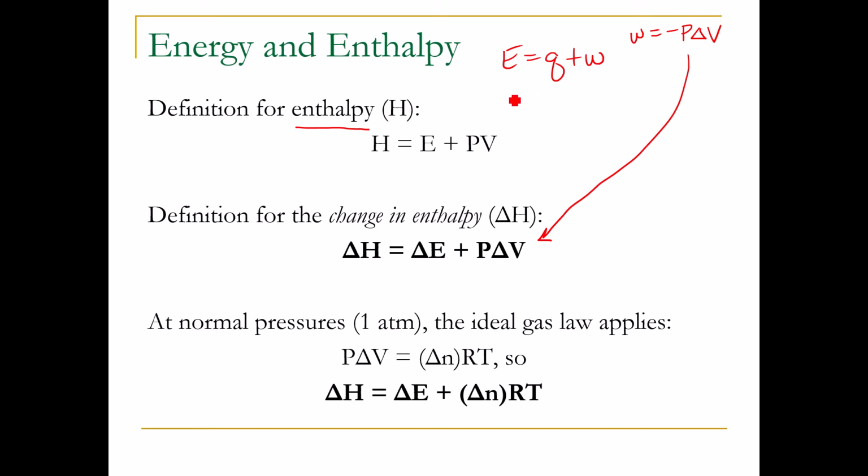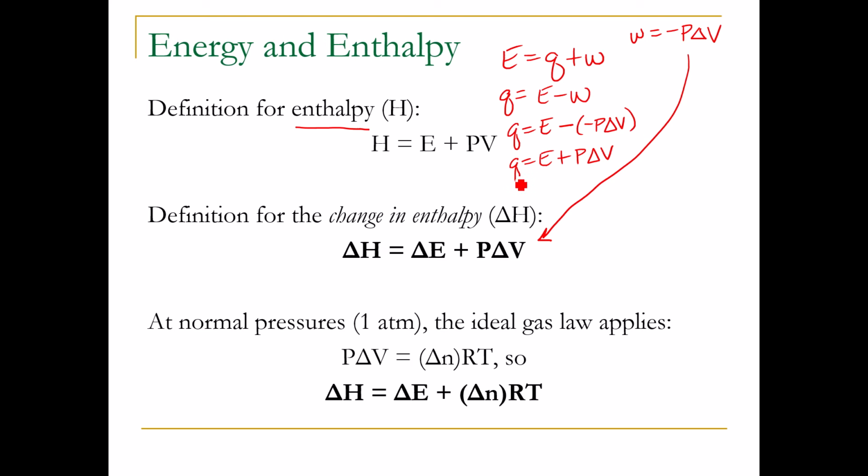If we isolate Q and say Q is equal to E minus W, just rearranging what we have, and then I substitute in what W is, minus negative, we're getting very close to what we have written down. So E plus P times delta V gives us our delta H.